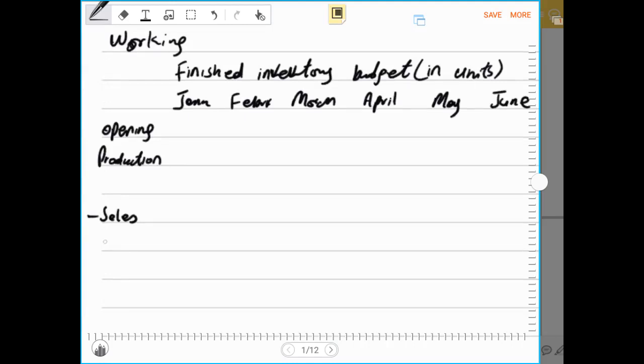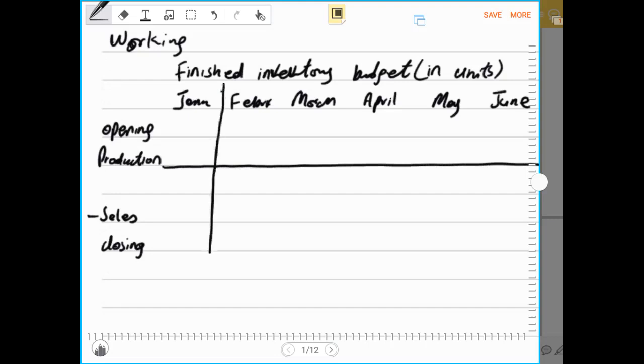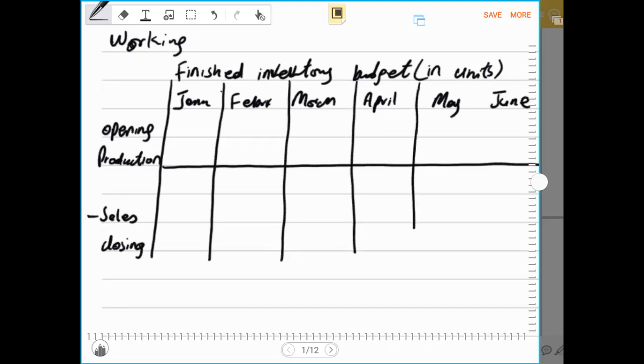Then after, we get to the closing stock. Closing stock, we draw a line here as usual. Then we can draw lines in between so that we are very clear of where the amounts are recorded. So now here is our finished inventory budget, and it is in the table format always.